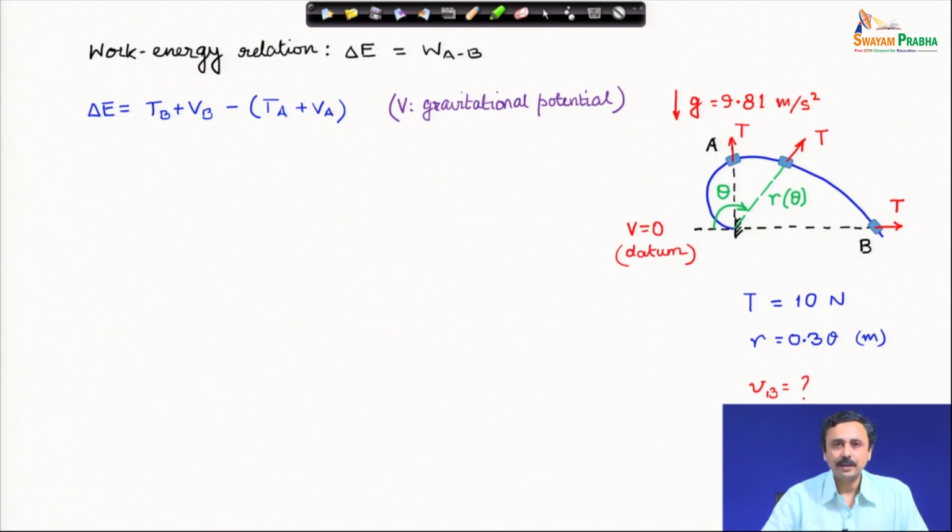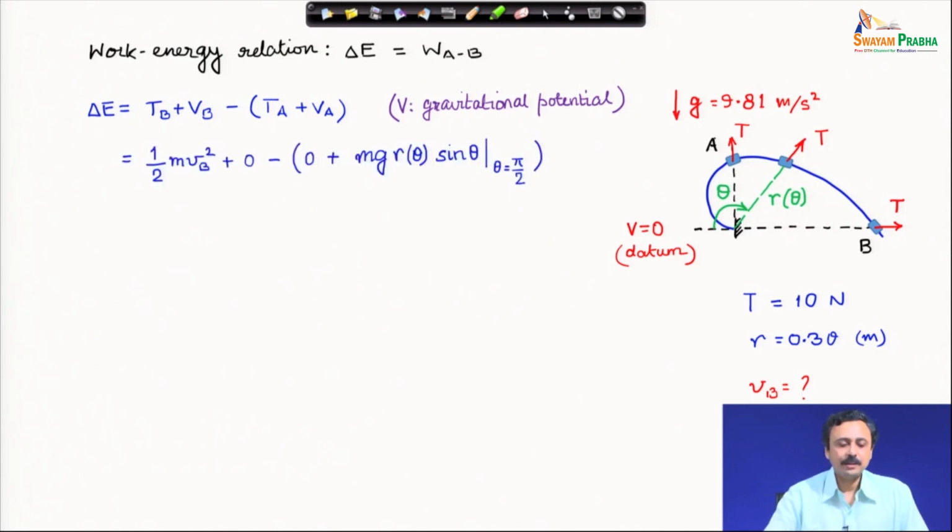The kinetic energy at B plus the potential energy at B is the net mechanical energy at B, minus the net mechanical energy at A. Again it is composed of kinetic and potential energies. Here V is the gravitational potential energy. Therefore, I can easily write the expressions of T_B, V_B, etc.